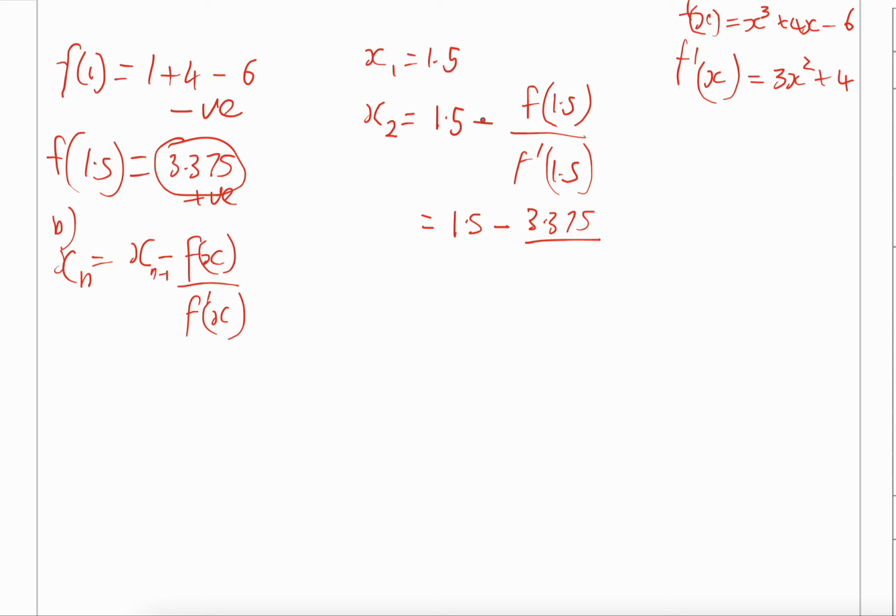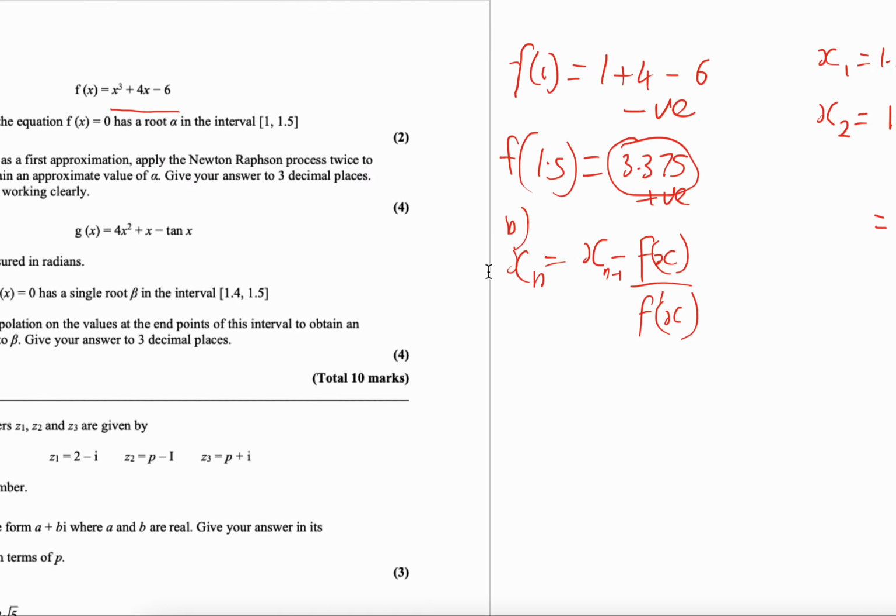Yes, it is. So what does that give us for x2? 1.186. Does that seem reasonable? Yes. Remember, we're looking for a solution between 1 and 1.5, and our value is within that range. So that's an acceptable solution.